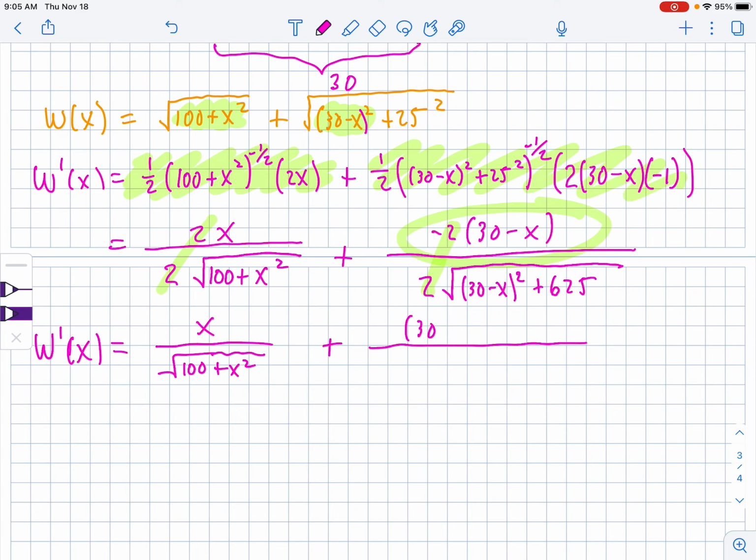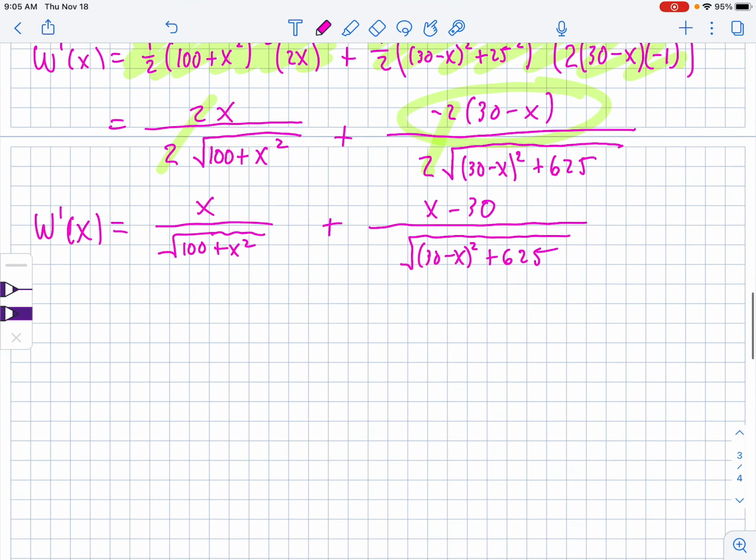Sorry, no, the negative should distribute there. And so we'll get negative 30 plus x, which is the same thing as x minus 30. And then that's all over a big square root of 30 minus x squared, quantity squared, plus 625.